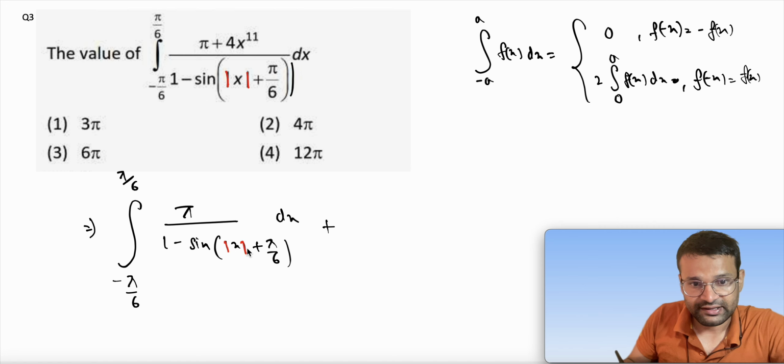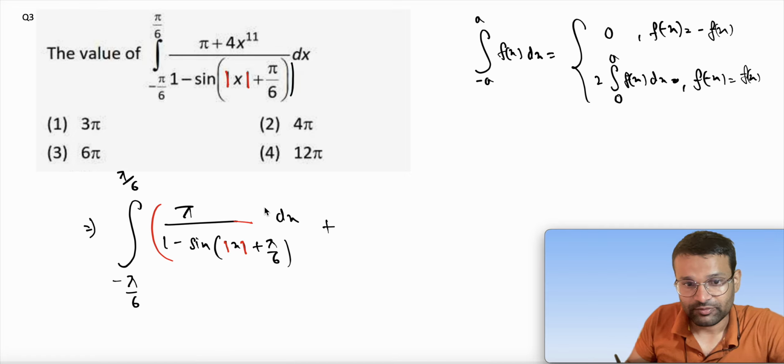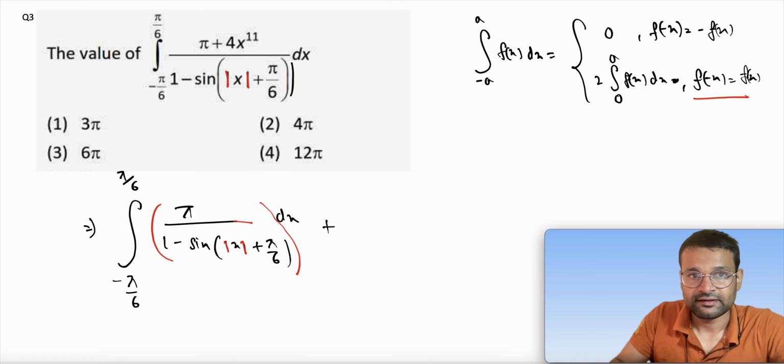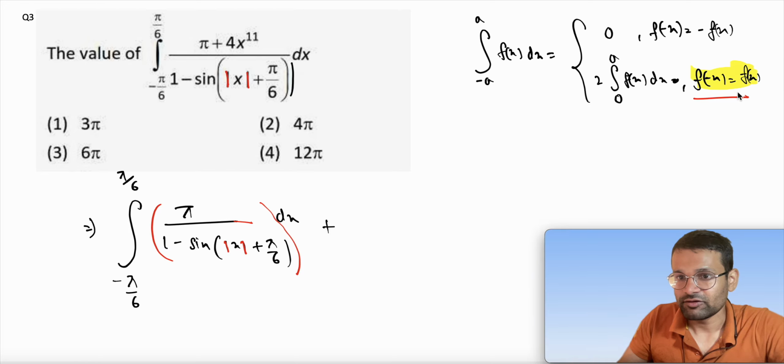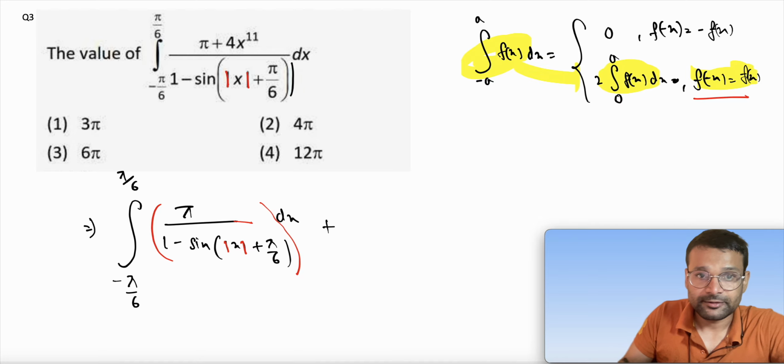So this is the even function. If we suppose this is f(x), then when x is replaced by minus x, it will be the same. So the situation is like this, f(-x) equals f(x), then this part can be written like this.